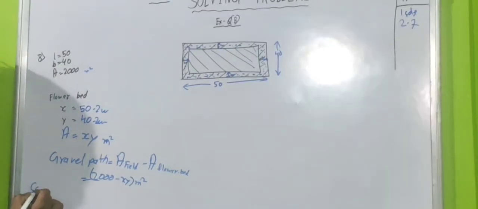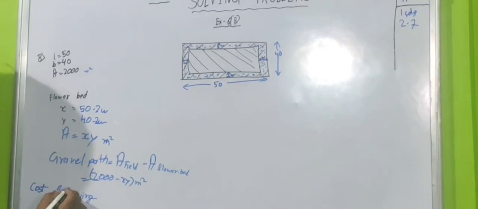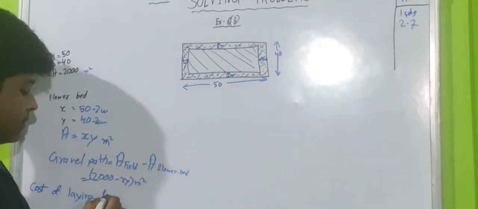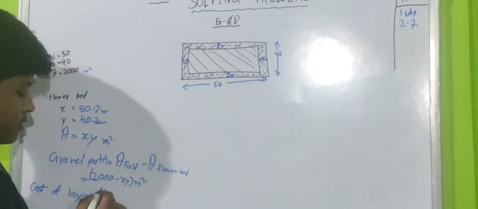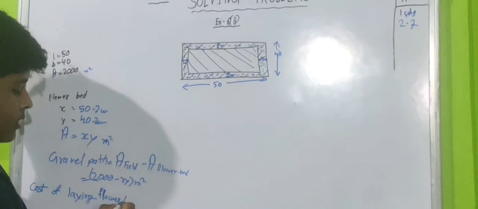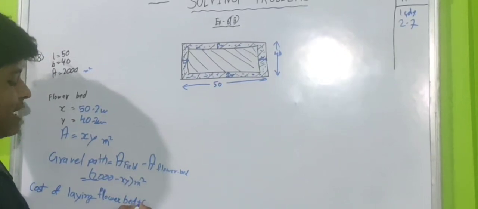How to find the cost of laying? You have to multiply the rate into the area, for flower bed plus gravel.